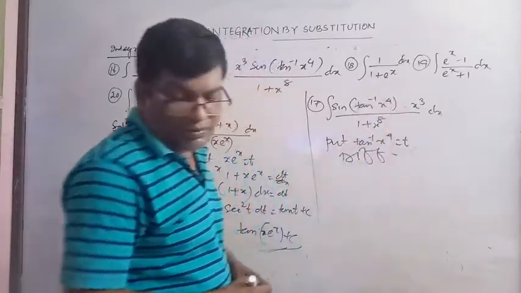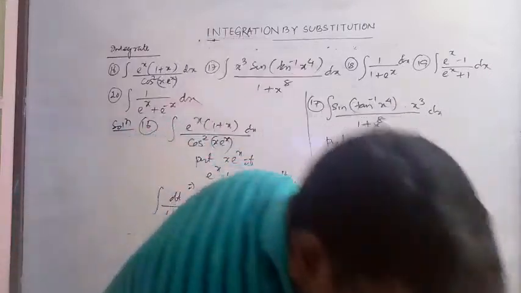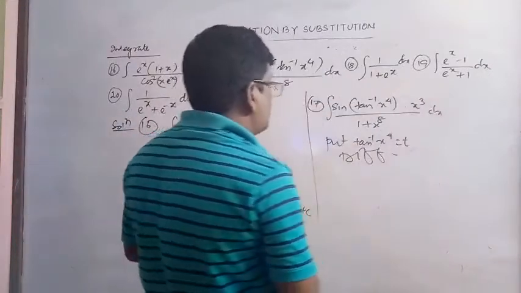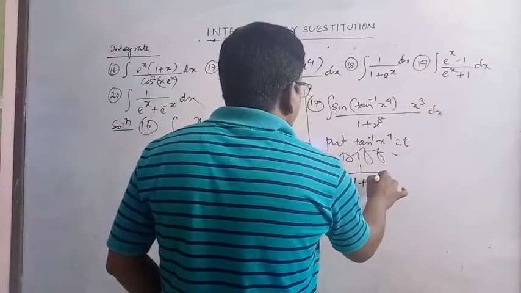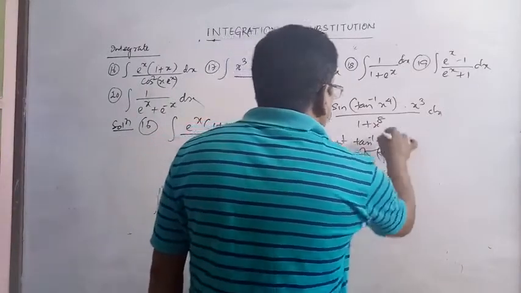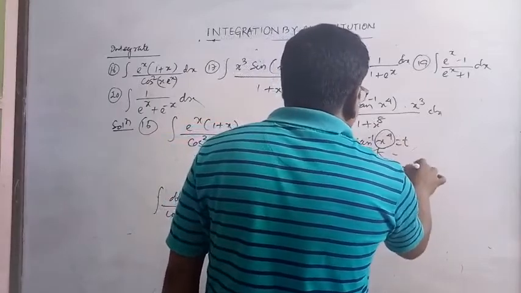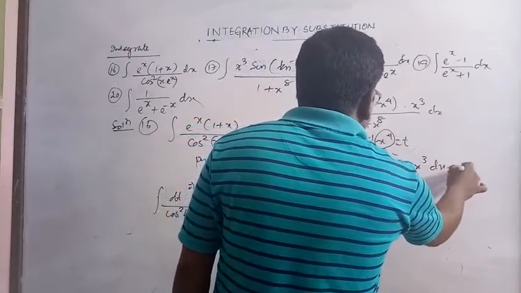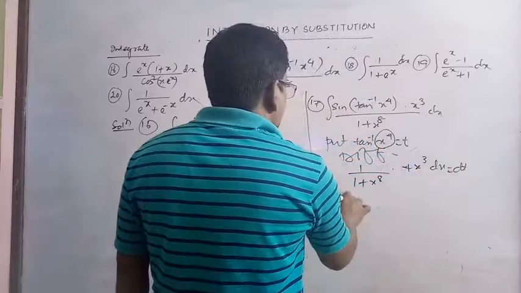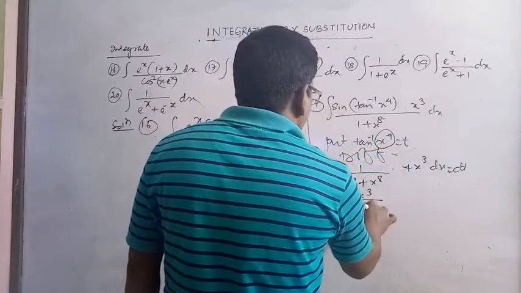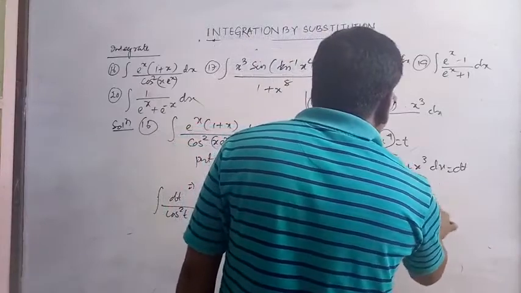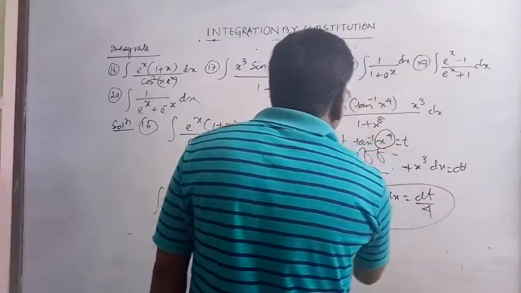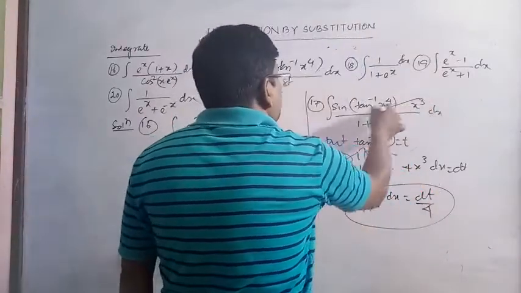We get 1 by (1 plus x fourth) whole square, means x to the 8, into the derivative of x fourth, that is 4x cube, dx is equal to dt. So x cube by 1 plus x to the 8 dx is equal to dt by 4.